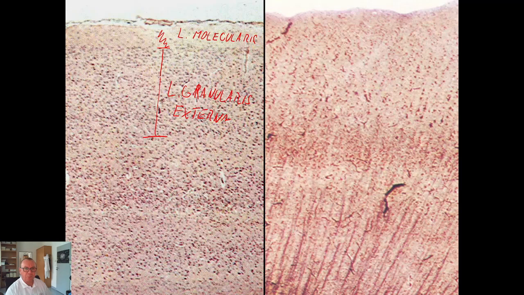Okay, then we can see a layer having fewer cells. If we use higher magnification, we would find here more pyramidal cells, bigger pyramidal cells, and it is the first lamina pyramidalis, again externa. Then there is usually a very thin layer of many small cells. So it is the second lamina granularis interna.